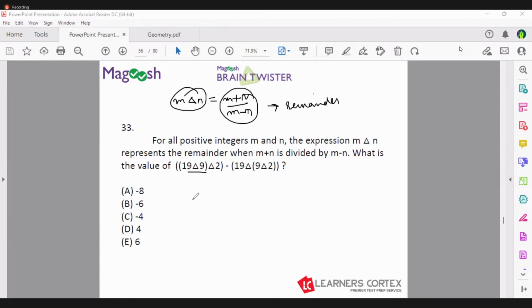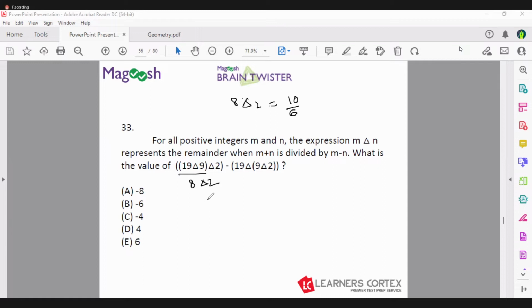So 19 triangle 9 is 19 plus 9 over 19 minus 9, which is 28 over 10, and the remainder would be 8. So this here is 8, and 8 triangle 2 becomes 10 over 6, which is 4. So the answer for this expression becomes 4 here.